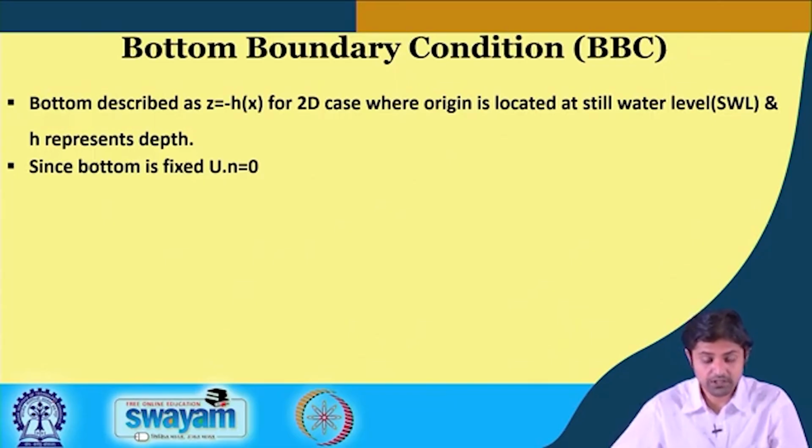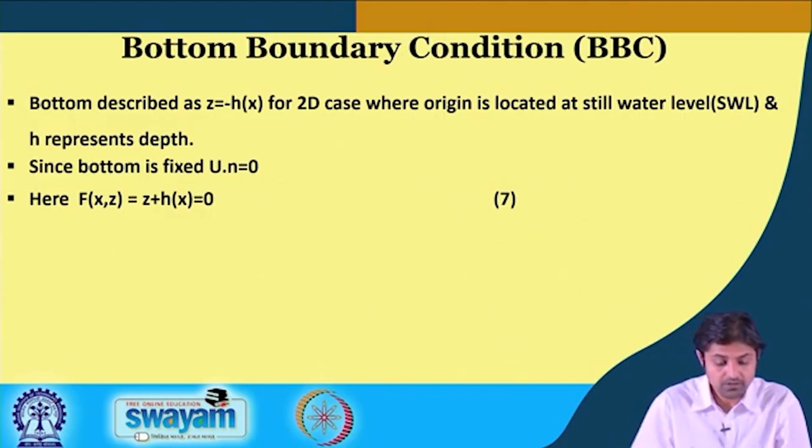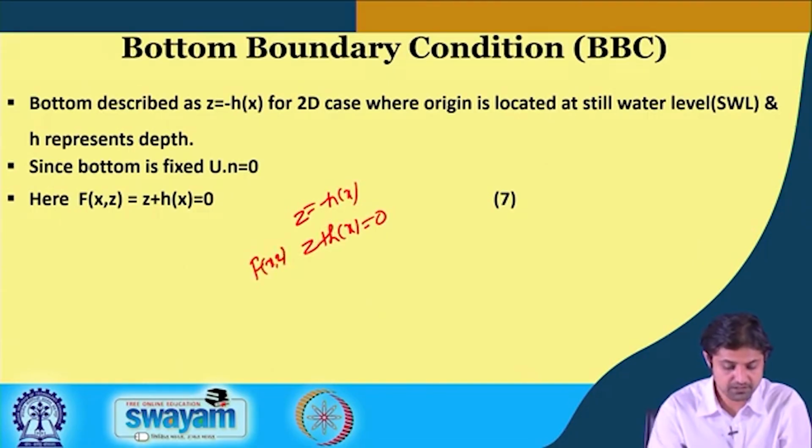Since from the boundary condition we see the bottom is fixed, u dot n is going to be 0, which we have seen in the previous lecture. So, we can write the surface equation, z is equal to minus h of x, as z plus h of x is equal to 0, and we call it the f function of x and z.